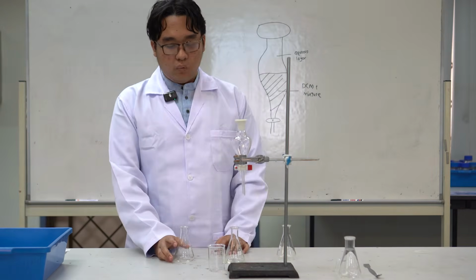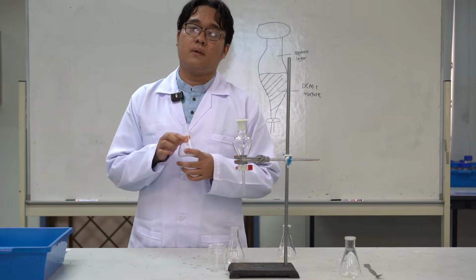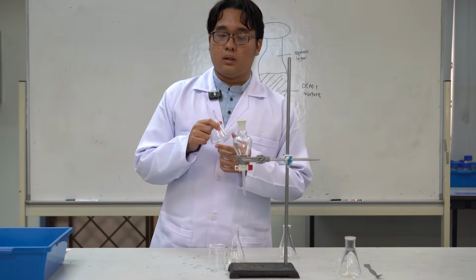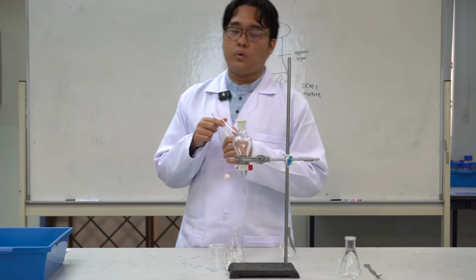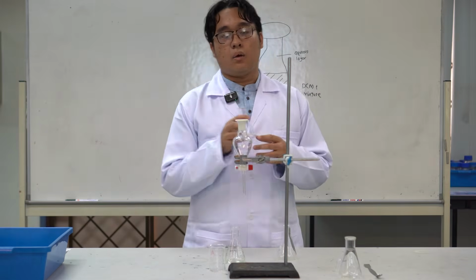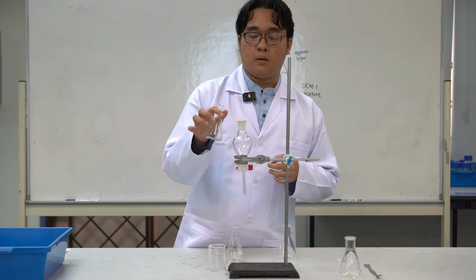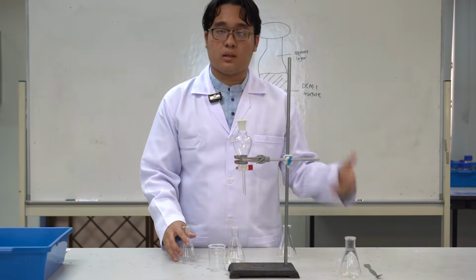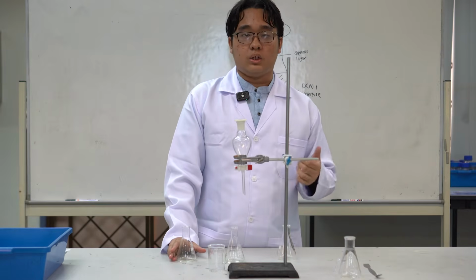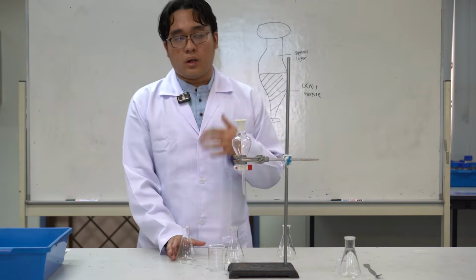So what we have in the base flask right now is basically a water soluble hydrochloride salt. So we want the organic base. So what we do is we have to neutralize it by adding NaOH, and we also do extraction again, and when we add NaOH, the base will revert into a water insoluble organic base.